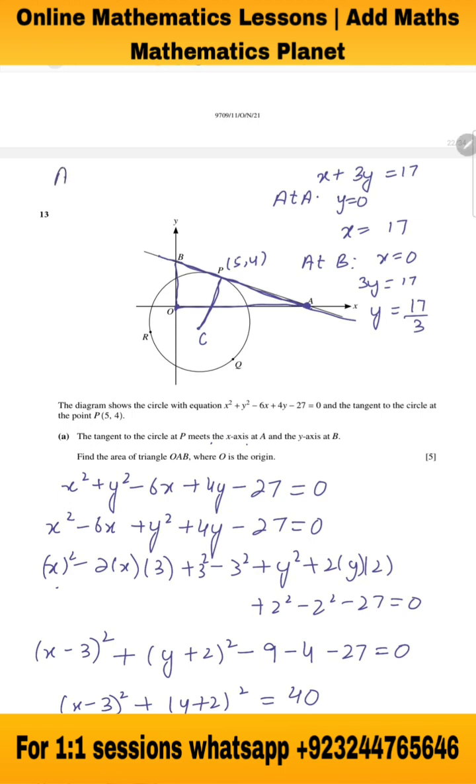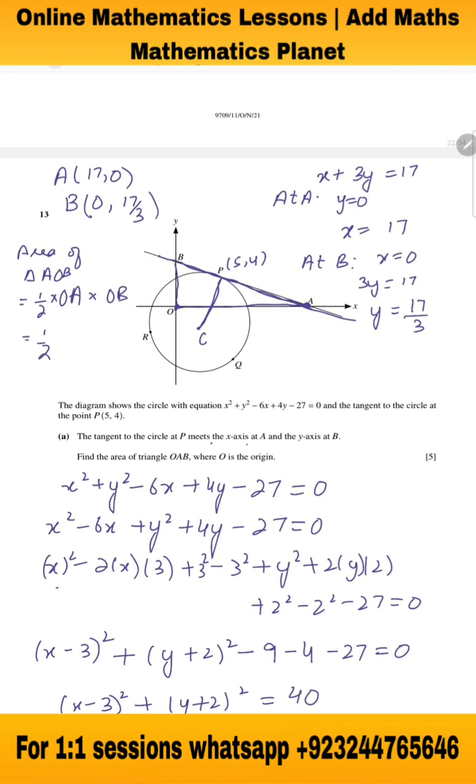Coordinates of A are (17, 0). Coordinates of B are (0, 17/3). Now we need to calculate the area of triangle AOB, which is 1/2 multiplied by OA multiplied by OB.